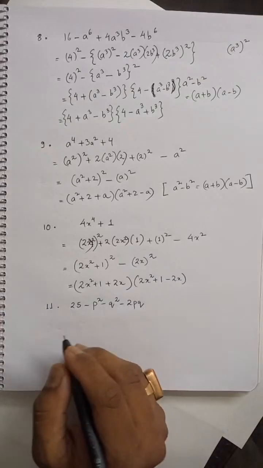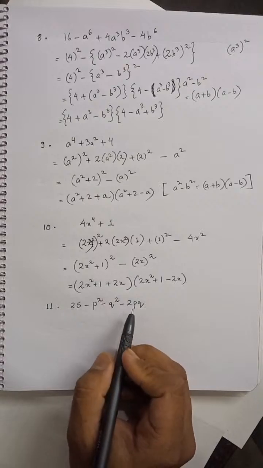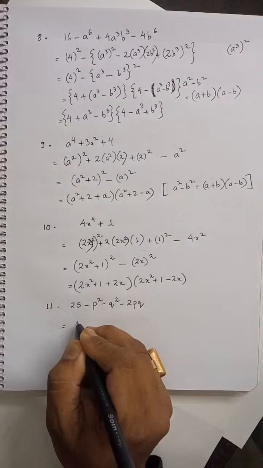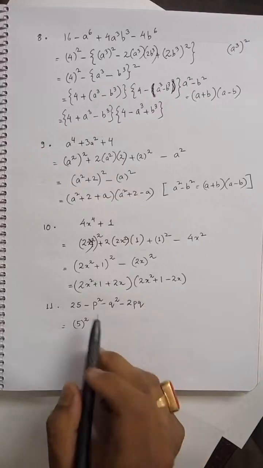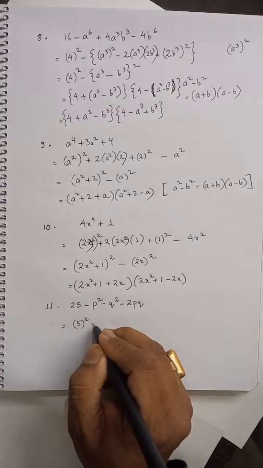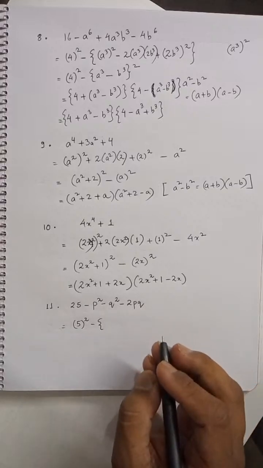Okay, so we have 25 minus p square minus q square minus 2pq. So 25 is what? 25 is 5 whole square. So all these three terms are negative. So what we can do, we can take the negative as common, I mean negative 1, but we don't write the 1 here.